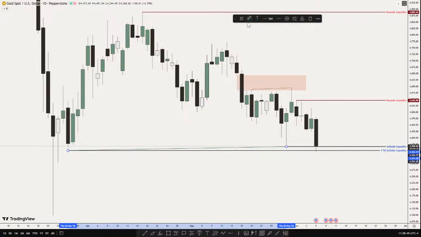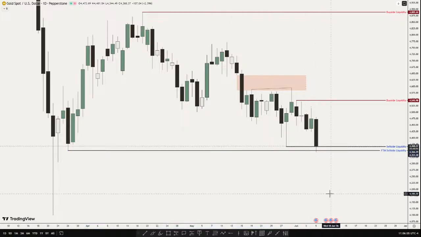When an SMT is not holding, not pushing the price up, it means the low that caused the SMT is a failure to manipulate. It did not manipulate the price and it did not go up.